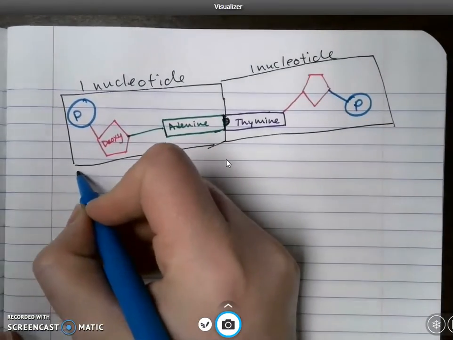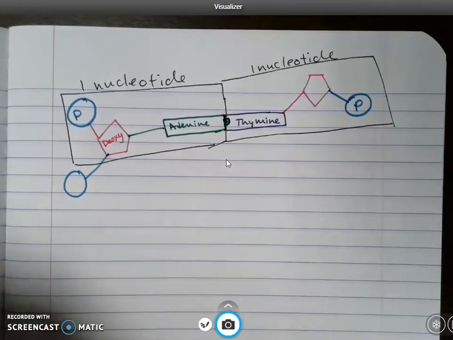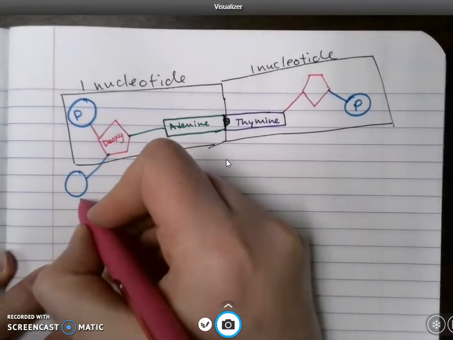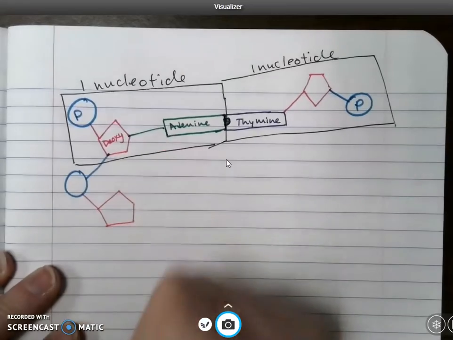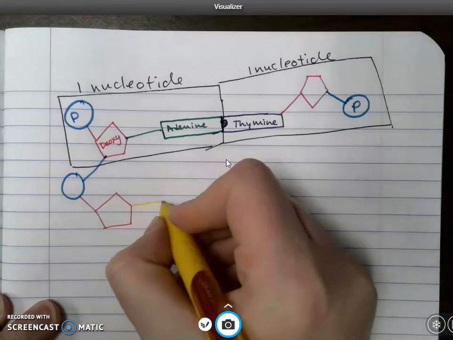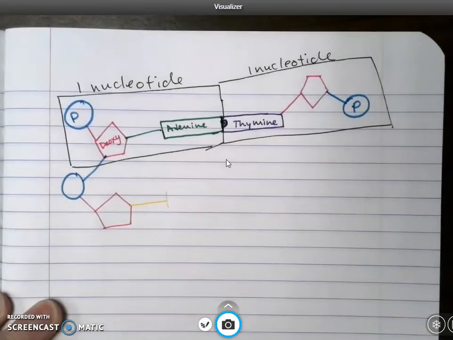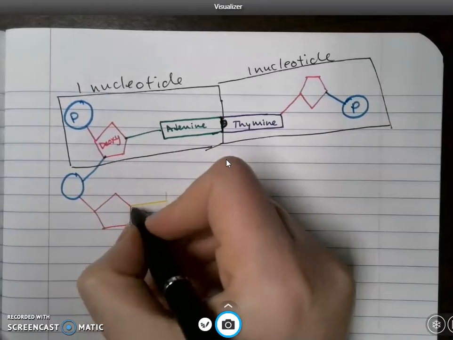I've got a phosphate that's bonded to this deoxyribose, which is bonded to another deoxyribose. Let's say that we have cytosine this time. I'm going to draw my cytosine in yellow. That is not showing up very well, so I'll switch to black.